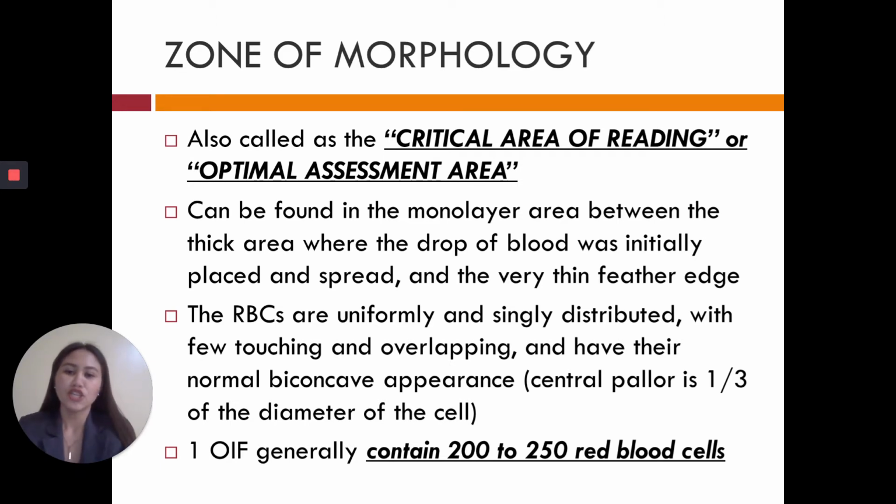Once you have located your zone of morphology, that is where you should start identifying the WBCs. Per one oil immersion field, generally it contains 200 to 250 red blood cells, and that's an estimate of the number of red blood cells in one oil immersion field.